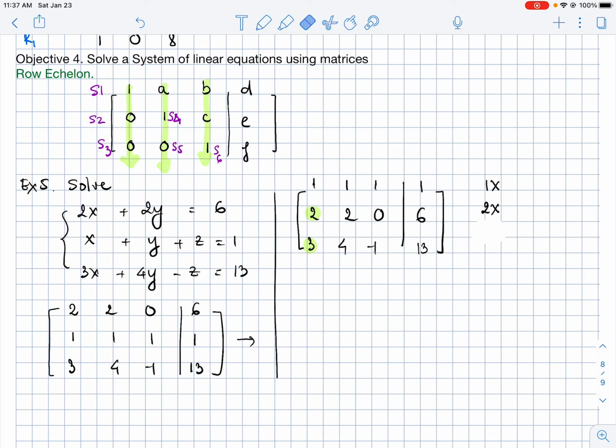Let's think about the first one and the second one first. In order to make x go away, we want it to be 0. So what do we have to do? Multiply the first one by negative 2, right? So the first one becomes negative 2x. Then we can add and it becomes 0 for us.